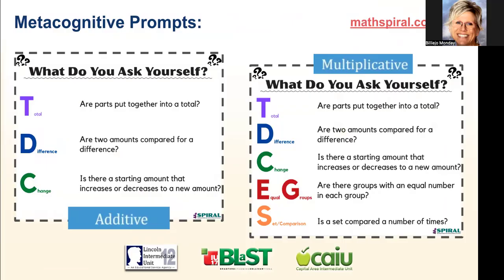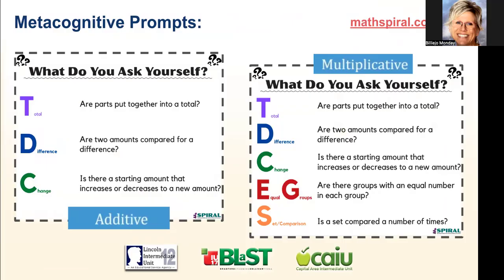Again, we have one at an additive schema base and one at a multiplicative. These are those metacognitive strategies that you can use as you are guiding, but then we also want them to become intuitive in the problem solving brains of our students as they can use them independently.